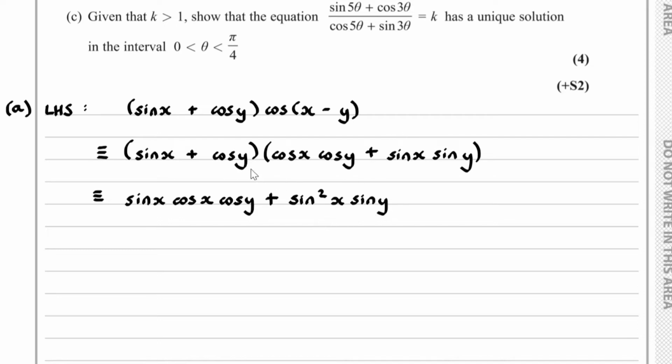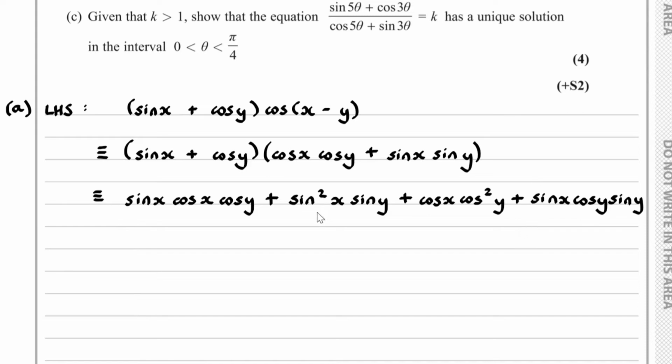And then we have cos y times by cos x times by cos y, so that will be cos x cos squared y, and then we've got cos y times by sin x times by sin y, so that will quite simply be sin x times by cos y times by sin y.